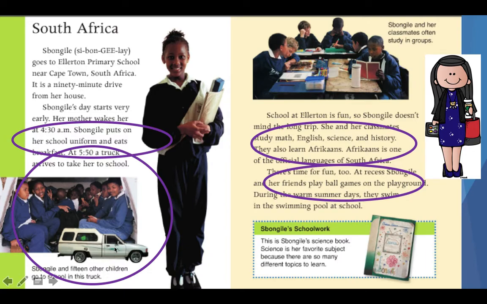So this truck right here takes them to school. That's a way different than my big yellow school bus that I take. And usually it's only 2 or 3 in one seat, where there's 15 kids squeezed in the back of this truck. So I think that would be a challenge for getting to school.